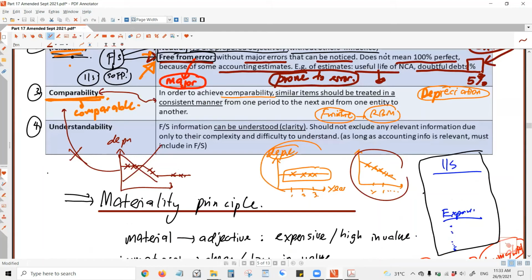For you to achieve comparability, you must first have consistency. You must apply the consistency principle. The example that I mentioned just now: for the same category of NCA, you must use the same depreciation method all the time. Don't change the method. If you have been using reducing balance method for furniture, then keep using it, so that you can achieve both consistency and comparability.